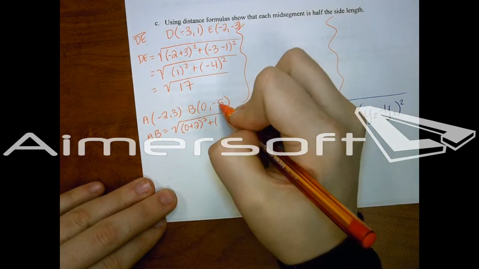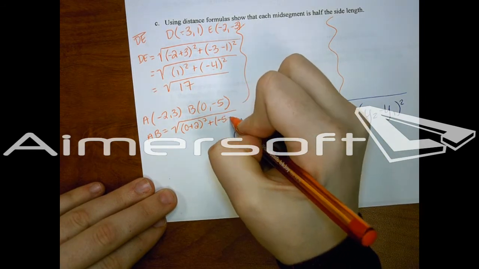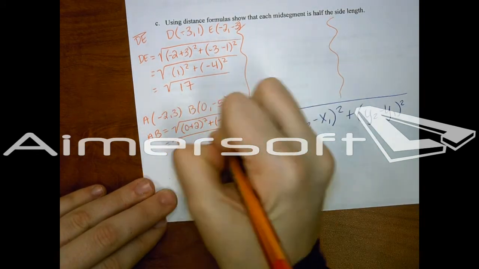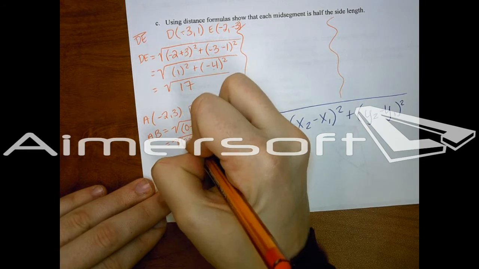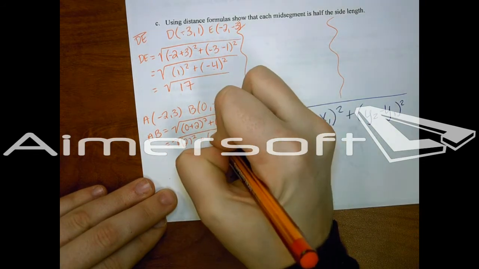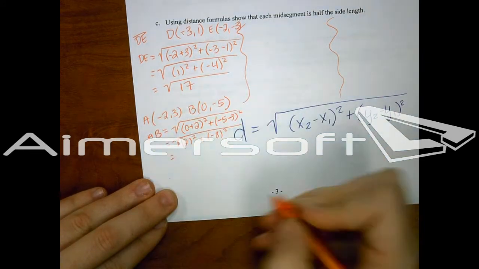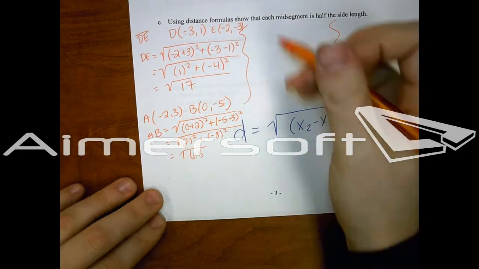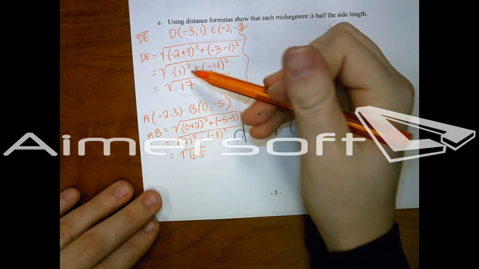Then I subtract my y values, -5 minus positive 3, so minus 3. That gives me 2 squared plus -8 squared, which is 4 plus 64, which is 68. Now, right now I can't tell if 68 is double 17.